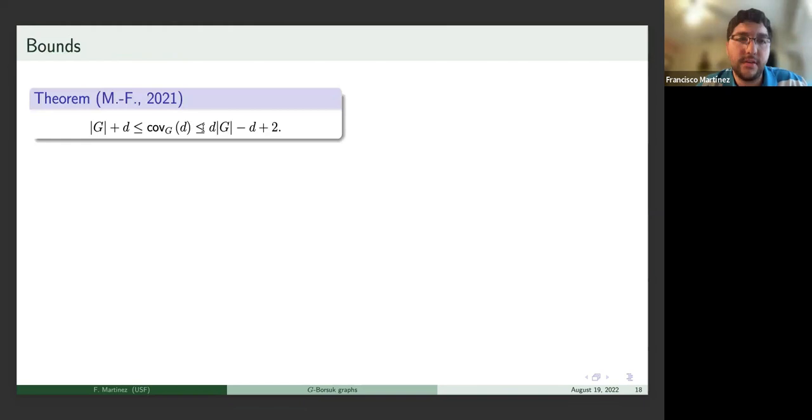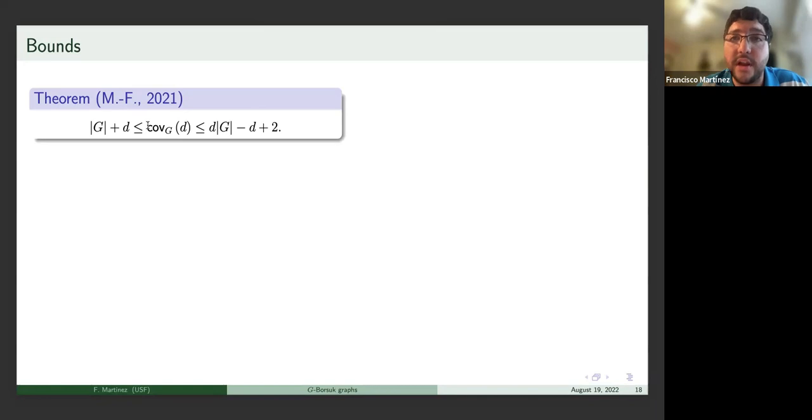Again, this means the minimum number of open sets we need to cover the space such that applying the action on each of those sets, it doesn't intersect the original set.